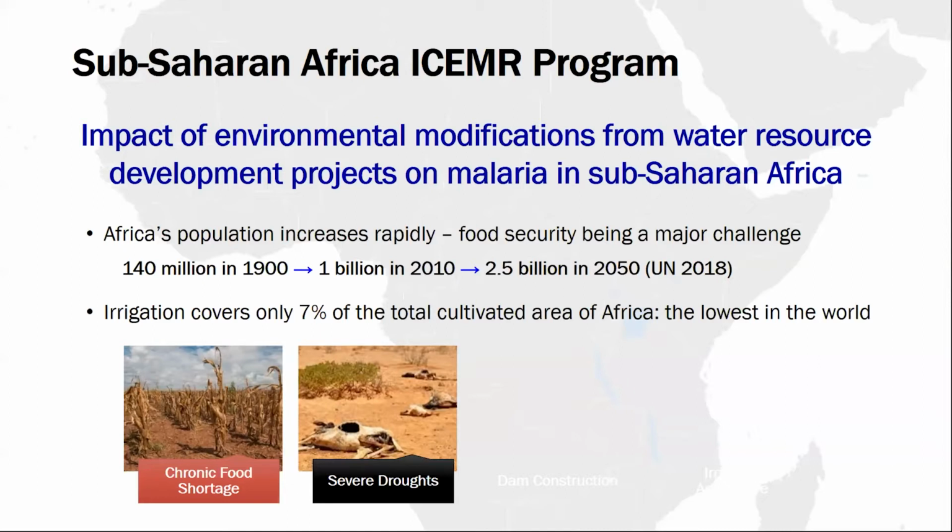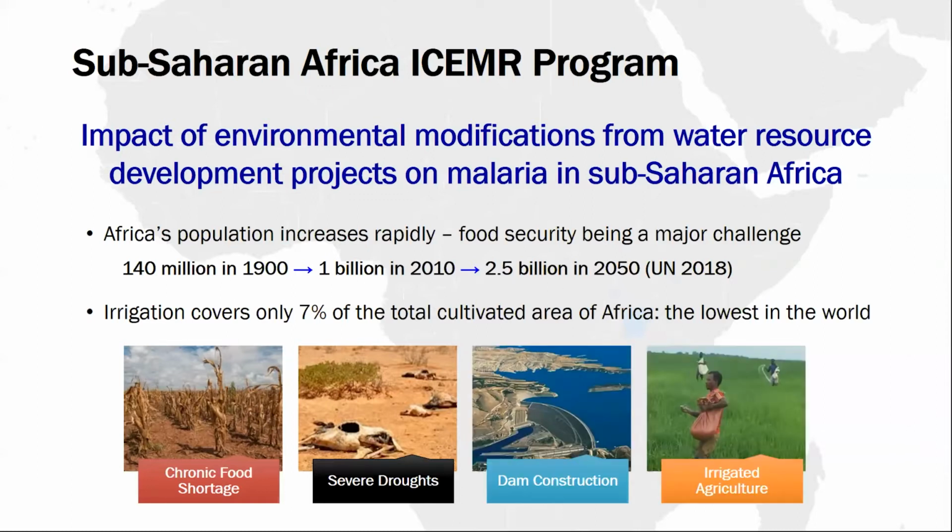Currently, irrigation covers only 7% of the total cultivated area of Africa, the lowest in the world. Construction of dams and irrigation schemes promotes economic growth, ensures food security, and alleviates poverty. Over 2,000 large dams have been constructed, with more than 200 under construction or planning.